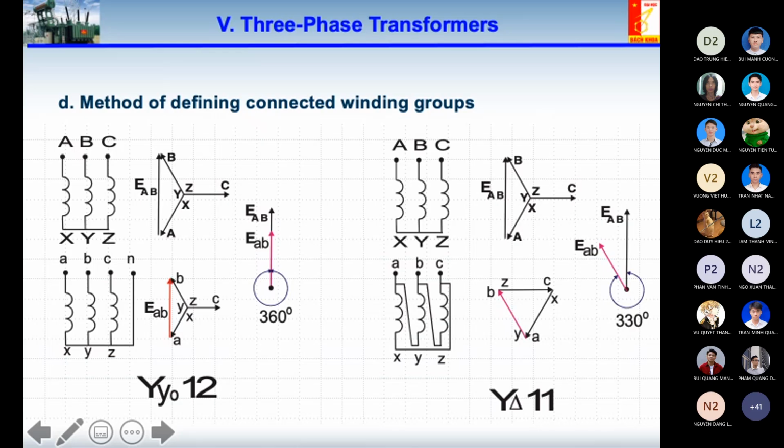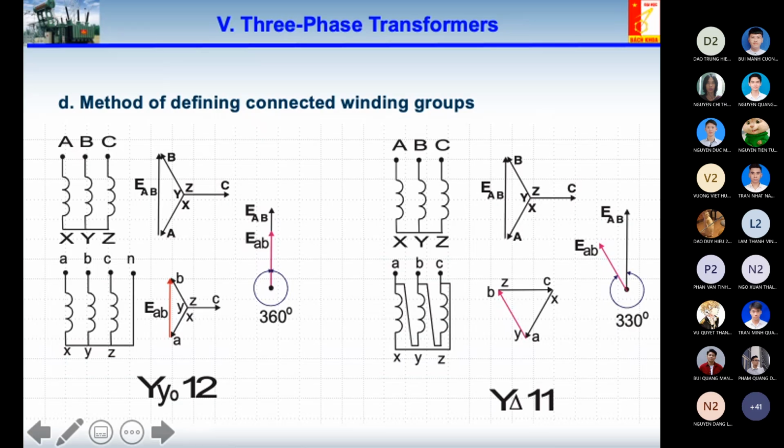And how about the secondary winding? If you look here, of course, the three phases of the secondary winding of this transformer are also connected in star, with the neutral point here.